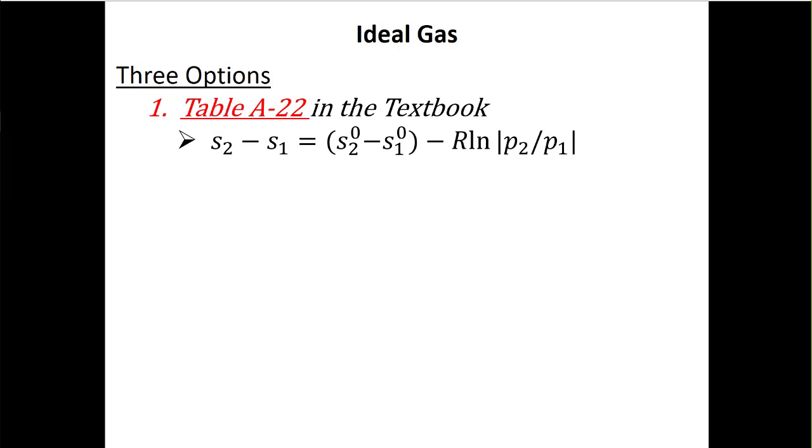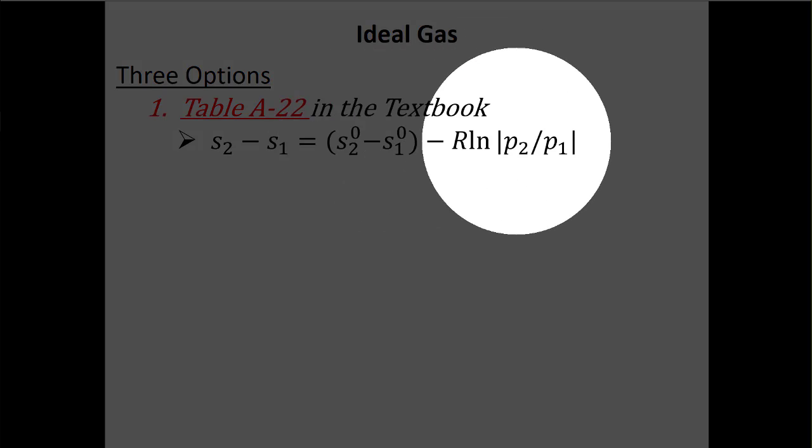On table A22, there's a column that has little s superscript 0. What that tells us is the change in the specific entropy due to the change in the temperature. So this is the temperature part of the change in the specific entropy. But we can also get changes in the specific entropy because of the pressure, because the gas is compressible.